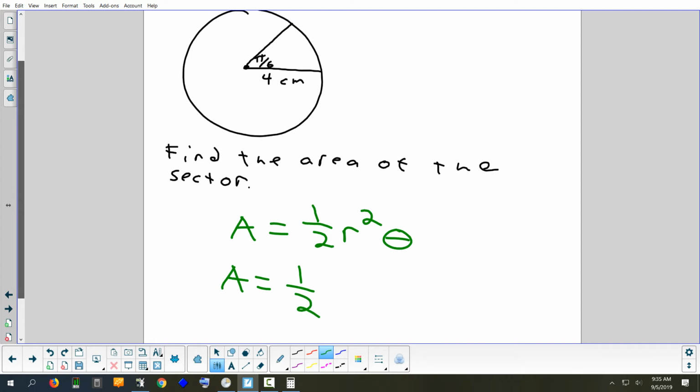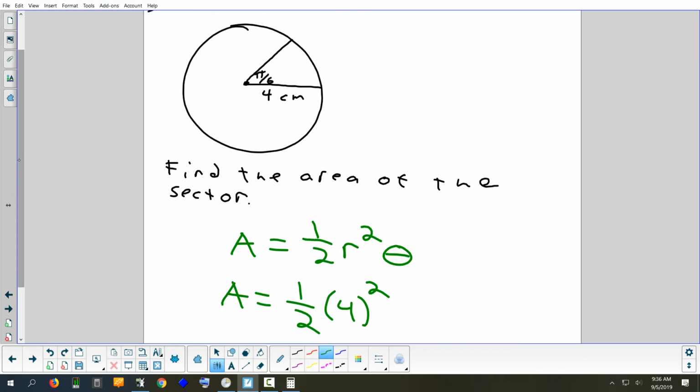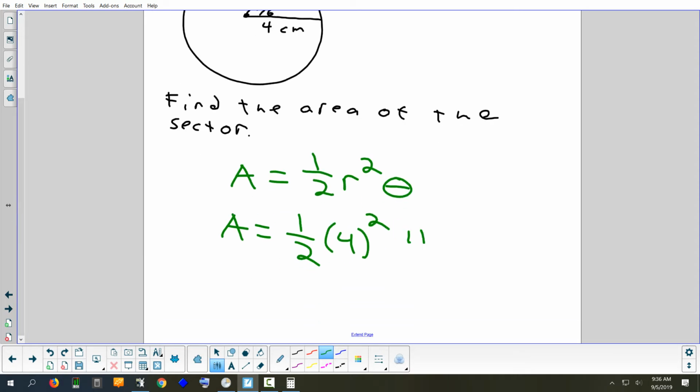And then R. What's R in this problem? 4. Fill that in. Don't forget to square it. And theta? Pi over 6. Is that in radians, or do I have to change it to radians? It's already in radians. I know that because there's no little circle on it. Okay. Pi over 6.